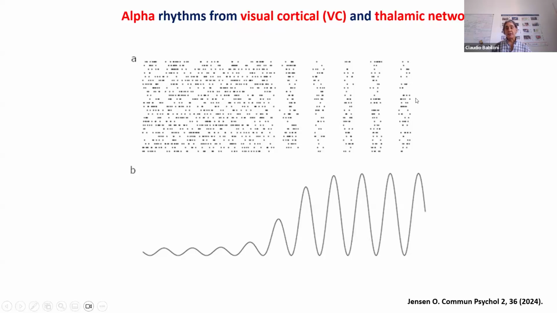But in the second part of the recording, in the right part of the picture, you see that the neurons, the pyramidal neurons in the cerebral cortex, show a synchronized activity reflected by the simultaneous appearance of action potentials.